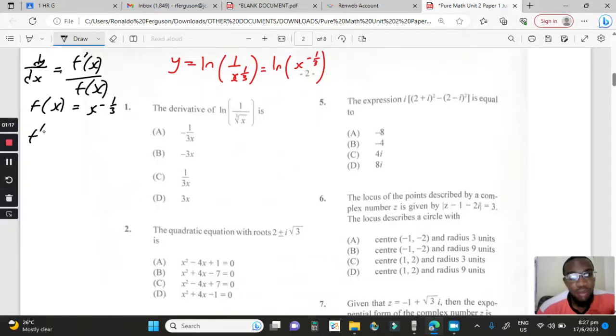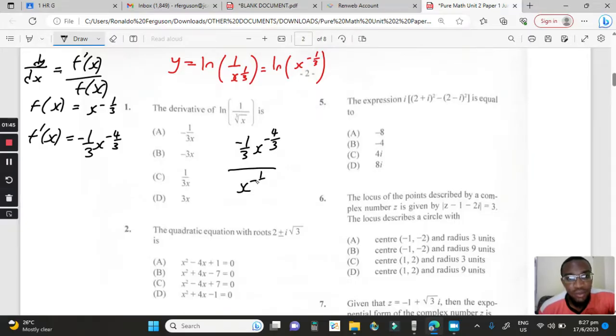Our f prime of x is going to be carried on the power, so minus 1/3 x, and we subtract 1 from the power, that is subtract 1 from minus 1/3, that's minus 4 over 3. So therefore the derivative is going to be f prime of x, which is minus 1/3 x to the negative 4 over 3, divided by x to the minus 1/3.